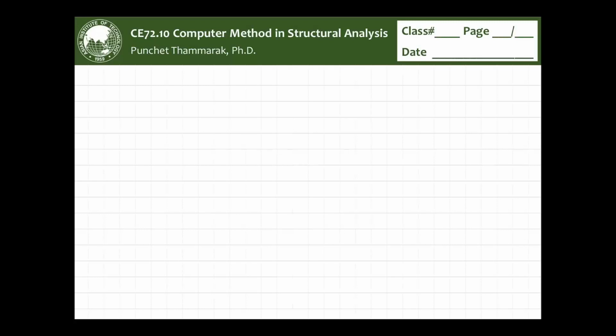So the K comprises two parts. First of all, the linear stiffness. This one is just the 12, 6, minus 12, 6, EI over L cube, EI over L square. Something we derived before.